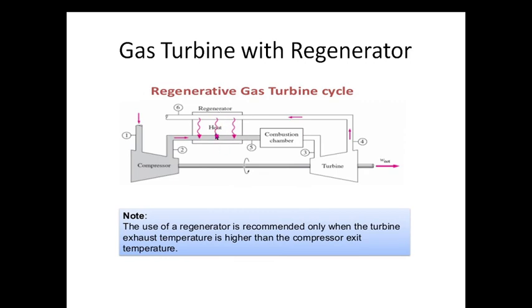So the exhaust gases, which have low pressure but high temperature, can lose their heat, and the compressed air can absorb the heat, so that the temperature of the air coming out of the compressor increases. When this high temperature air goes inside the combustion chamber, there will be more production of heat, and the efficiency of the whole cycle increases.